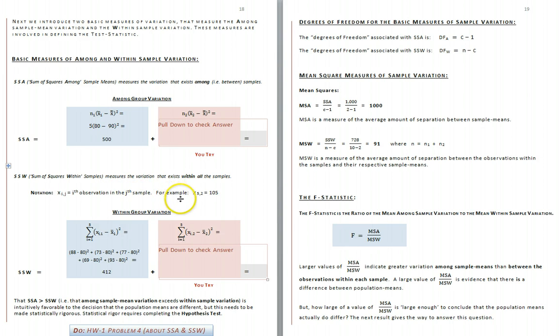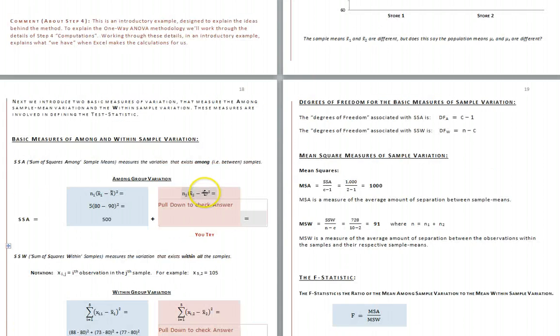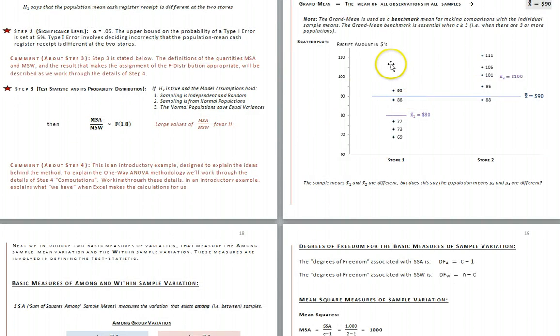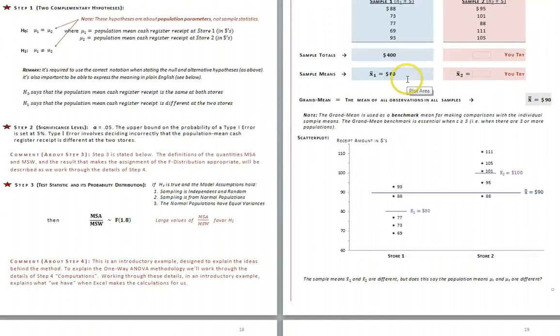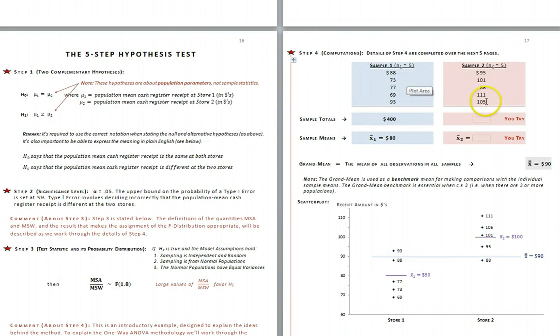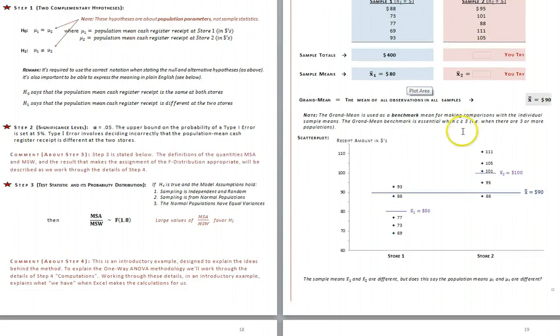For example, X52 would represent the 5th observation in the second sample, and if we look at a list up here, there it is. The 5th observation in the second sample is 105.